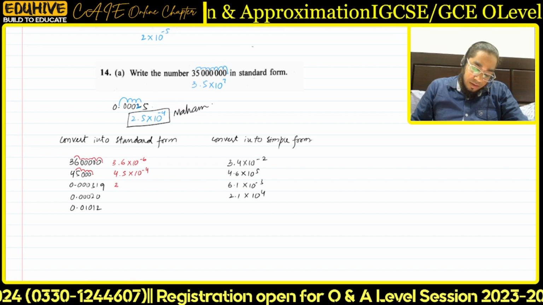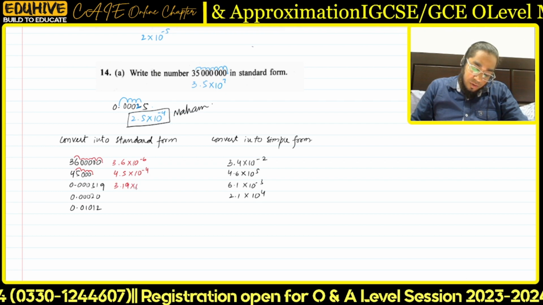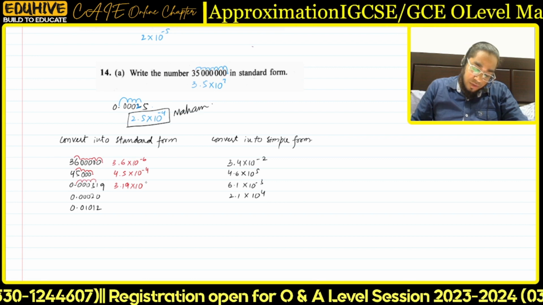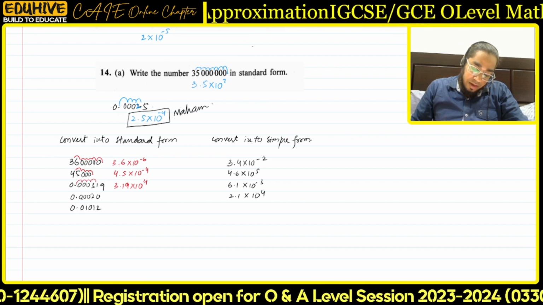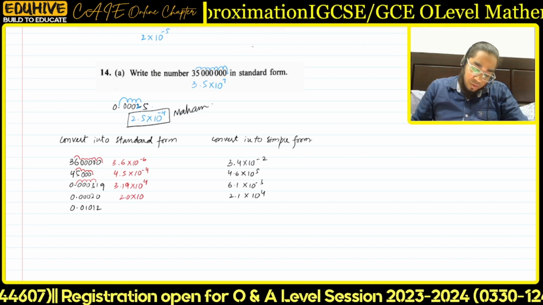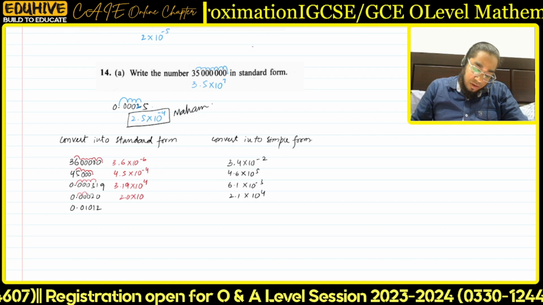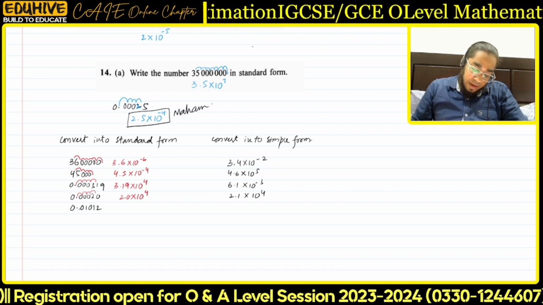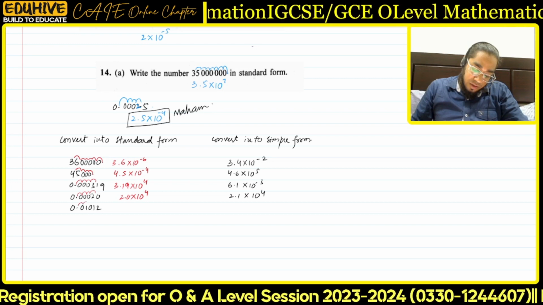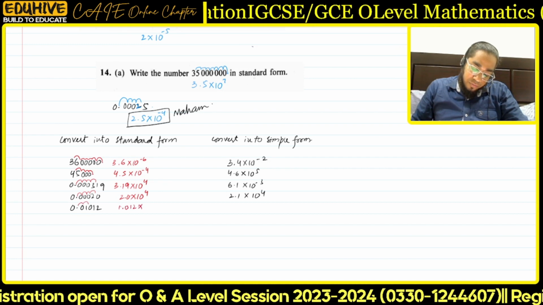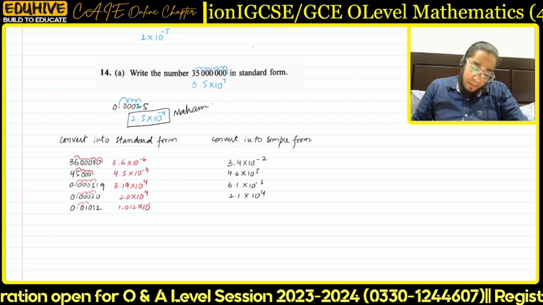And again 3.19 into 10 raised to the power: 1, 2, 3 and 4, that's going to be plus 4. And here I can also see 2.0, and I can also write 2 over here. That's going to be 1, 2, 3, 4, positive 4. And the last one is 1, 2, so it's going to be 1.012 into 10 raised to the power minus 2.